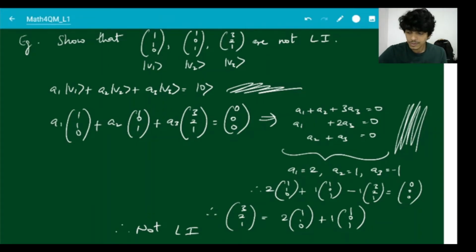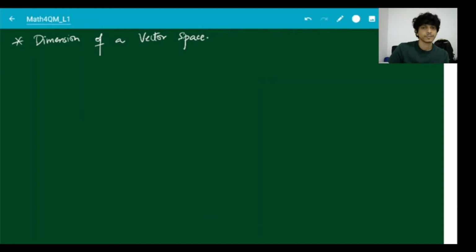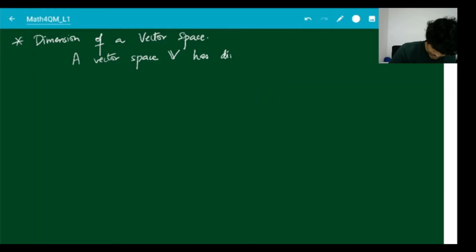Now, the concept of linear independence is important because it allows us to define what is called the dimension of a vector space. So we say that a vector space V has dimension n.